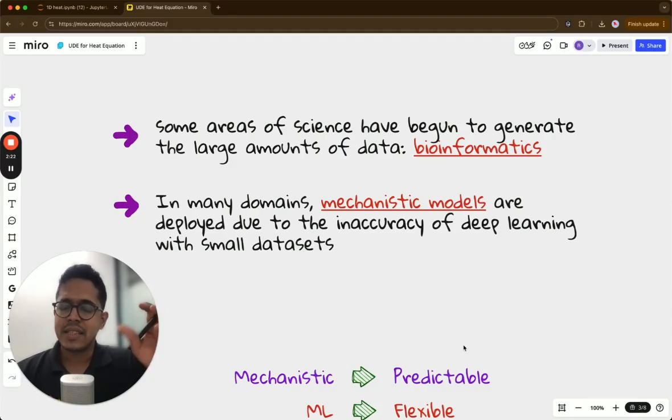So in such a case, what can you do where you are not throwing away your mechanistic or phenomenological models, but you are keeping what you know, but you are also incorporating deep learning or machine learning techniques into this. So you are not looking at big data anymore, you are looking at small data, you are looking at mechanistic models, and you are looking at a combination of these two things to produce something even more powerful.